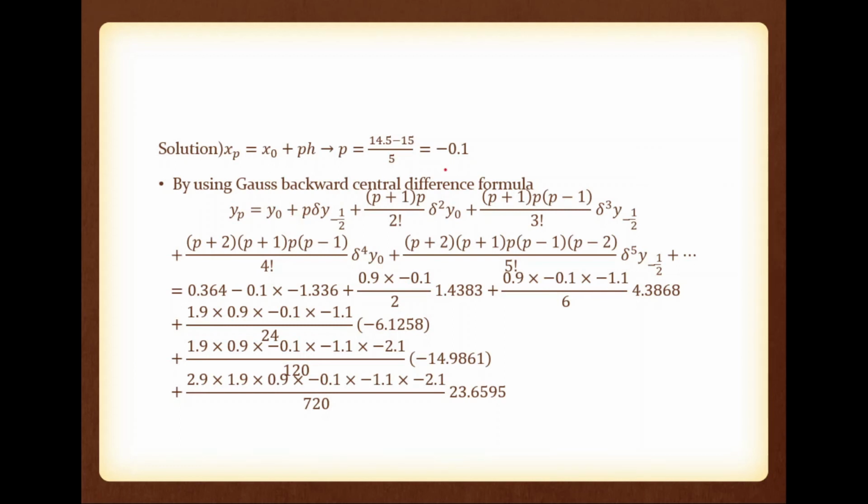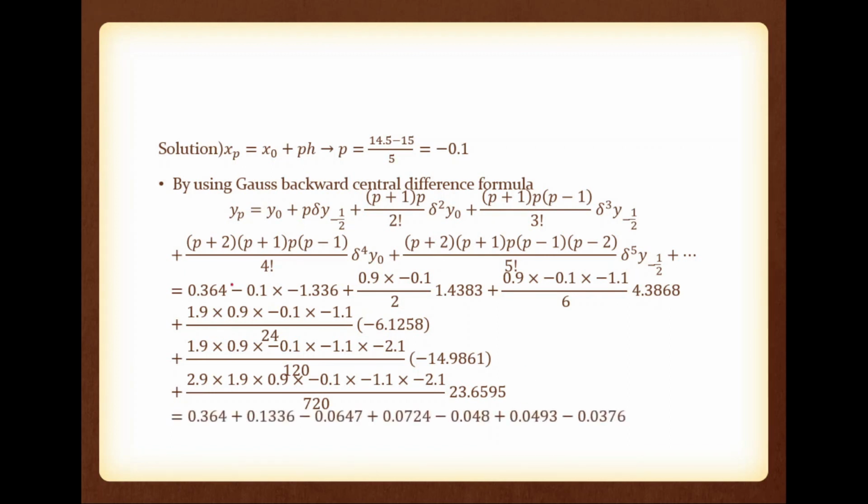So plus p means p is minus 0.1, so plus minus, it will become minus 0.1 into theta y minus 1 by 2, that is minus 1.336, plus p plus 1 into p divided by 2 factorial into theta square y0, plus p plus 1 into p minus 1 divided by 3 factorial into theta raised to 3 y minus 1 by 2, plus p plus 2 into p plus 1 into p minus 1 divided by 4 factorial into theta raised to 4 y0, plus p plus 2 into p plus 1 into p minus 1 into p minus 2 divided by 5 factorial into theta raised to 5 y minus 1 by 2, plus p plus 3 into p plus 2 into p plus 1 into p minus 1 into p minus 2 divided by 6 factorial into theta raised to 6 y0.